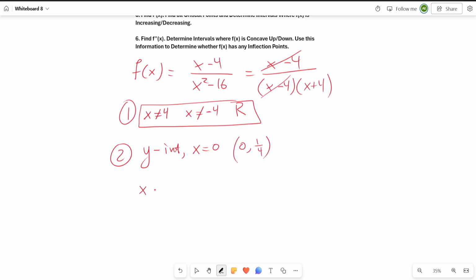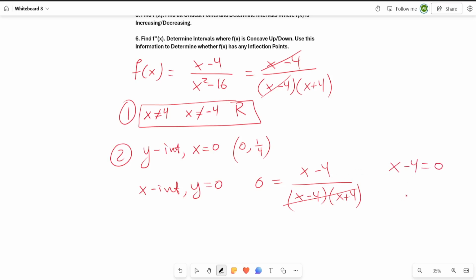Now, for the x-intercept, I need to take care. Usually, for the x-intercept, I just set y equals 0. So let's do that for the factorized form. So 0 equals (x minus 4) over (x minus 4)(x plus 4). Over here, if I multiply both sides by the denominator, I can cancel the denominator and I'll have x minus 4 equals 0. So you can tell me that the x-intercept or the root is going to be at x equals 4.